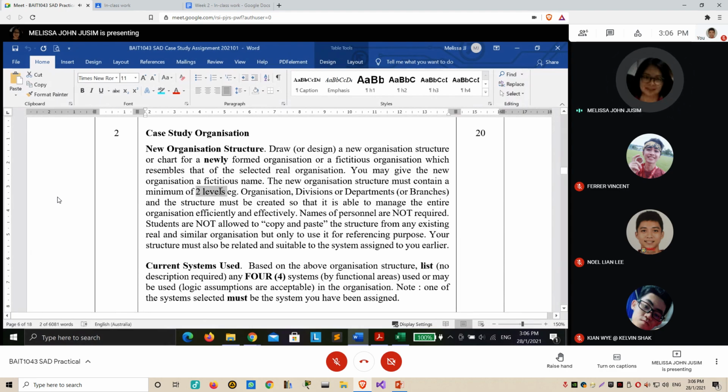Minimum 2 levels means top management and also the middle management. Okay. It's raining heavily here. Names of personnel not required. You are not allowed to get it directly from any online sources. You need to change it accordingly because this is a fictitious bus company.